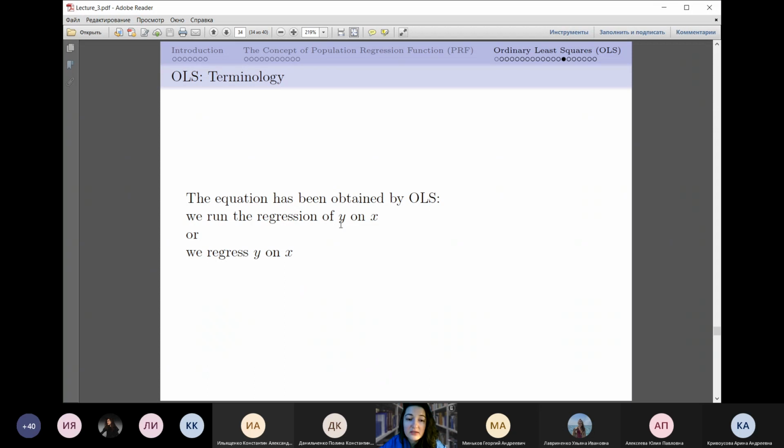It's very important that we regress our dependent variable on the independent variable in this order. When you use this definition, we always mean that we plan to estimate the intercept and the slope. So when you say I regress y on x, it means that you want to obtain your unknown parameters beta 0 and beta 1.